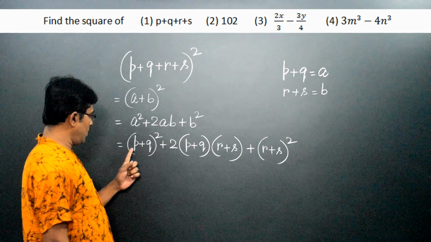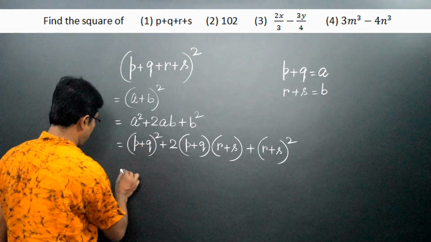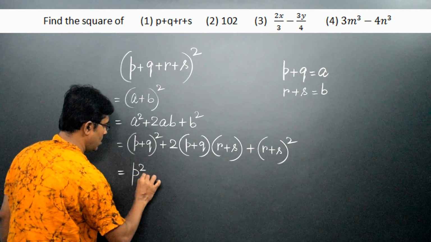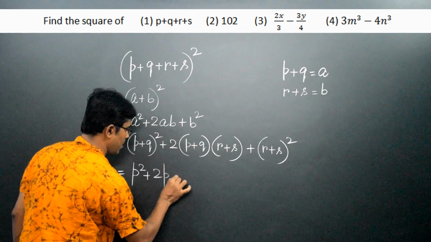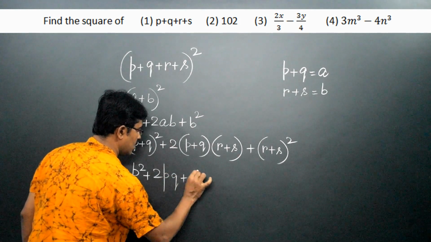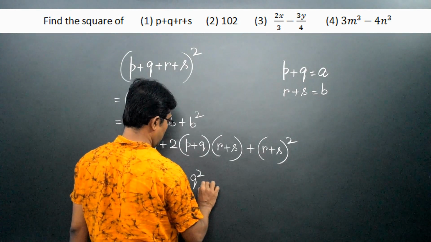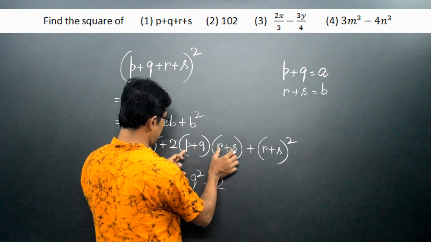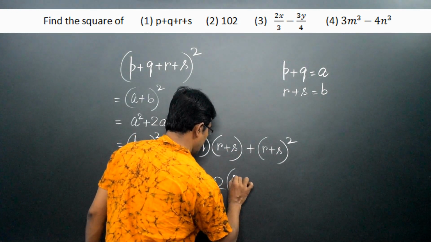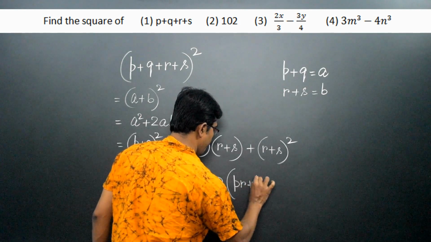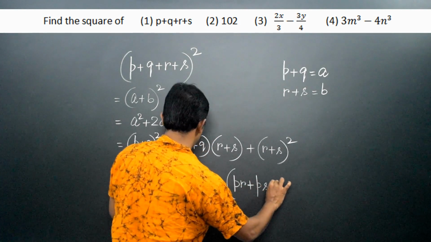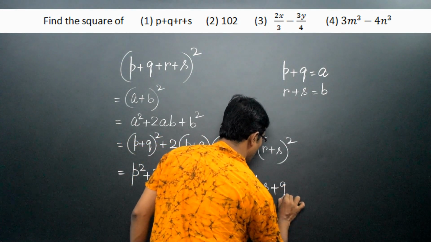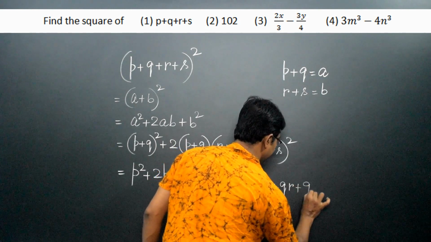Now it is also of the form (a plus b) whole square, that is a square plus 2ab plus b square, plus 2 into (r plus s) multiplied by p, that is pr plus ps, plus (r plus s) multiplied by q, that is qr plus qs.